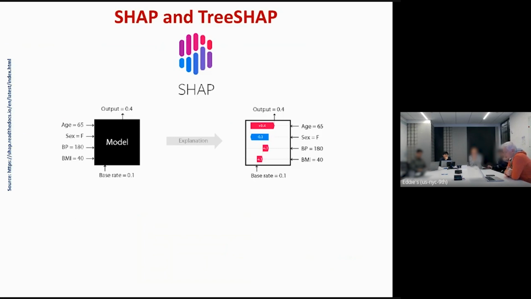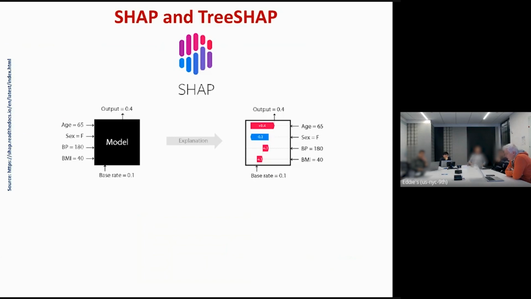Essentially, the idea behind all these feature importance measures is to give some explanation or intuition why some features in the machine learning model are important or are not, or less important.